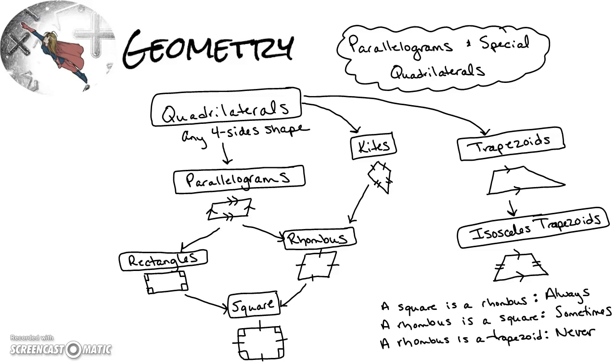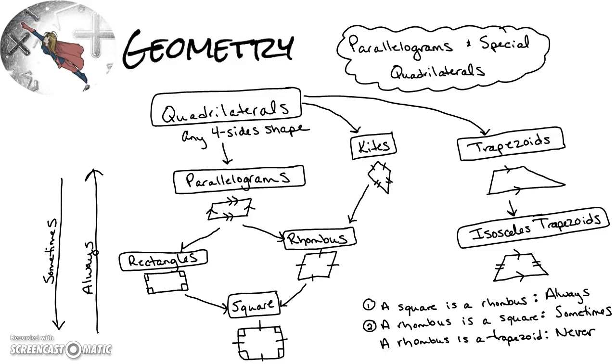Now here's how the chart helps visually. A square is a rhombus, that first statement I wrote, that's looking from the bottom up in the chart. Bottom up is always. The second statement I wrote, a rhombus is a square, that's looking downward in the chart.